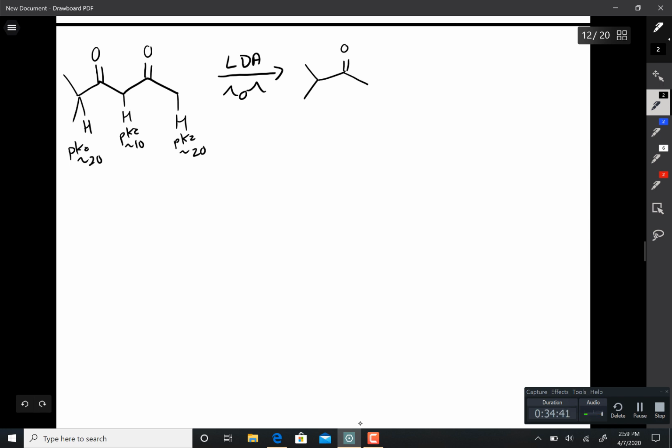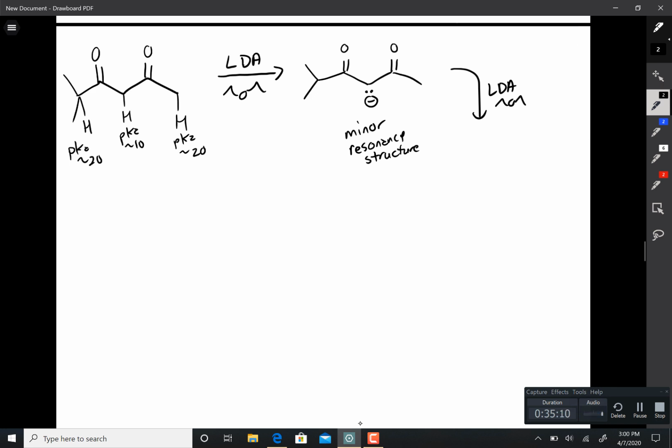And I'm going to draw this in the minor resonance form for illustration purposes. Turns out LDA is quite capable of deprotonating this again. These two hydrogens, their pKa's are likely to be higher than 20 now because of the presence of the carbanion, but the LDA is still capable of pulling them off.